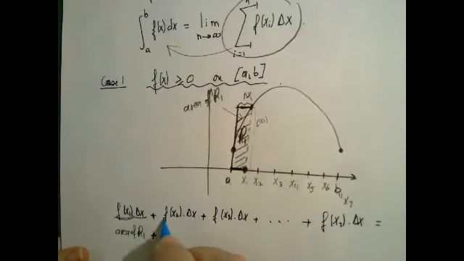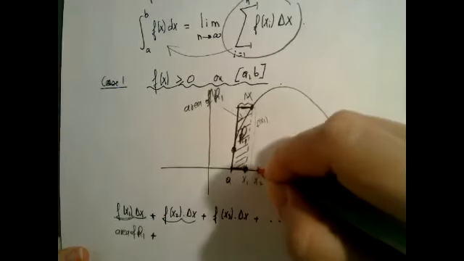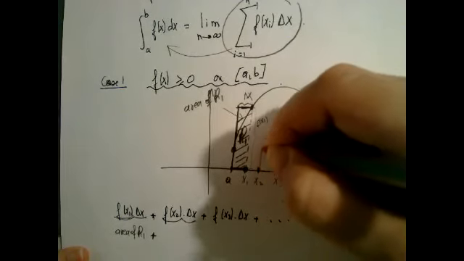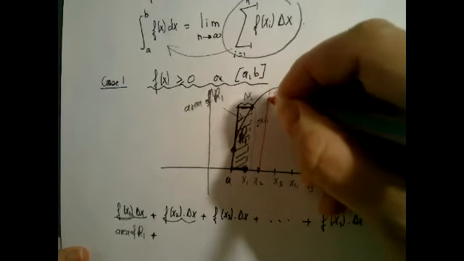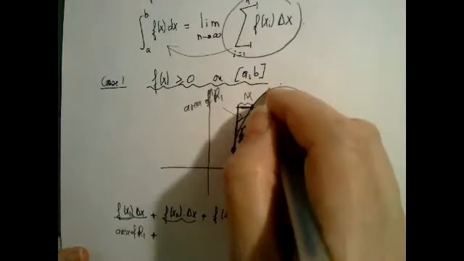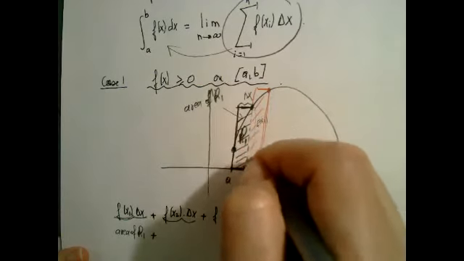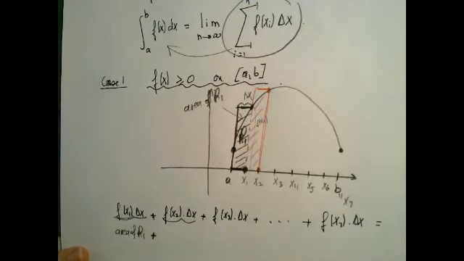Okay. f of x2 times delta x, this is x2. I use another color for it. f of x2 is the height from here to here. I multiply it by delta x, and I get the area of this rectangle. So this represents the area of R2.